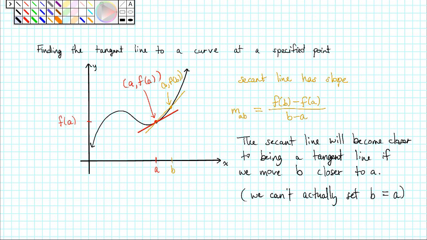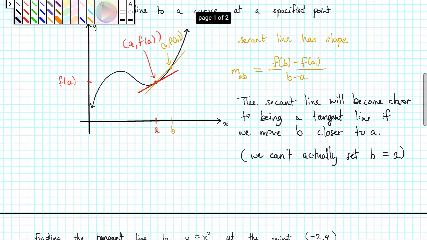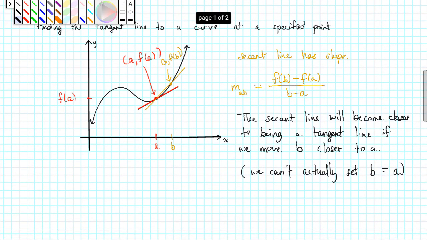All right, and this is actually part of our motivation for some of the work that we're going to be doing in Chapter 2, which is calculating limits. And I'm going to actually write this in the notation of limits.